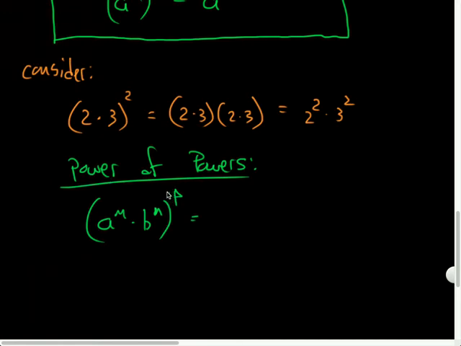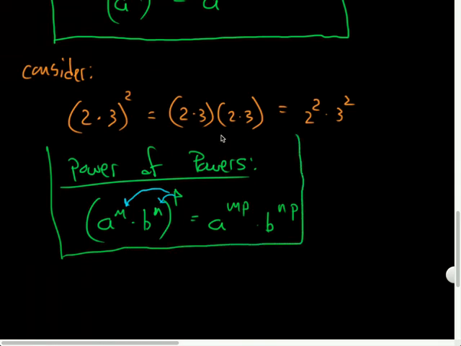But it's going to be a type of distribution. What do you think is going to happen between the m and the p there? Do I multiply or add? Multiply, because it's a power raised to a power. So that would be a to the mp times b to the np, right? There's another property under our belts. We just got it.